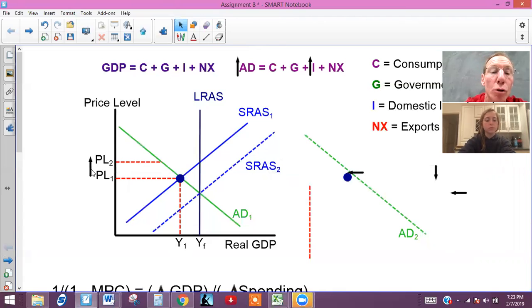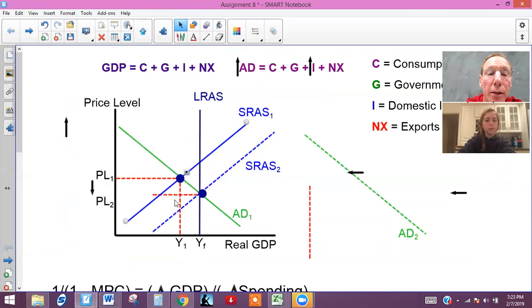So what happens here is we've got a downward shift in the price levels, so at a lower price level, we'll end up right about here. It's not perfect, but you can see it. Right about there. So that's what's going to happen in the long run.